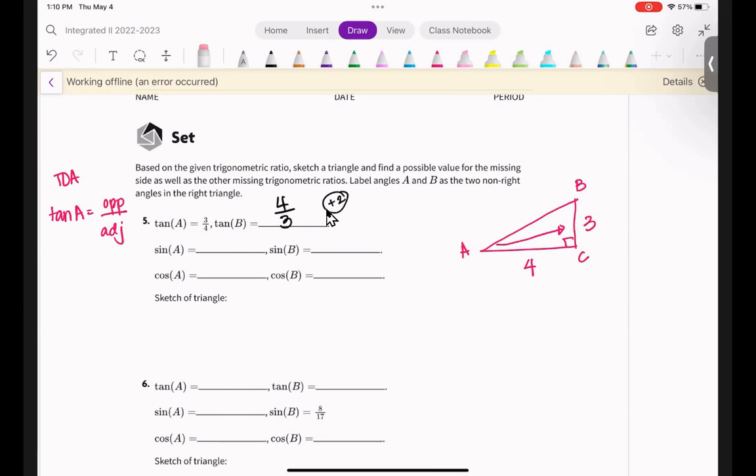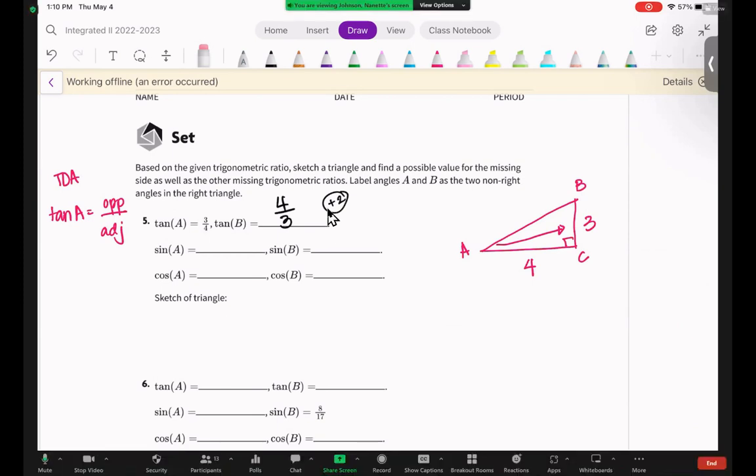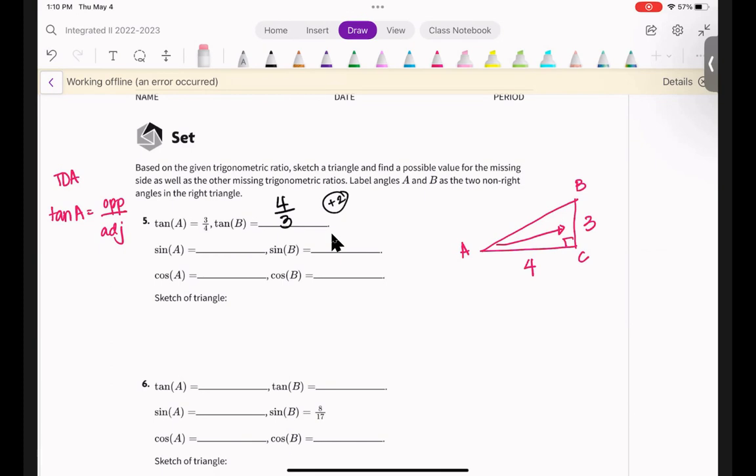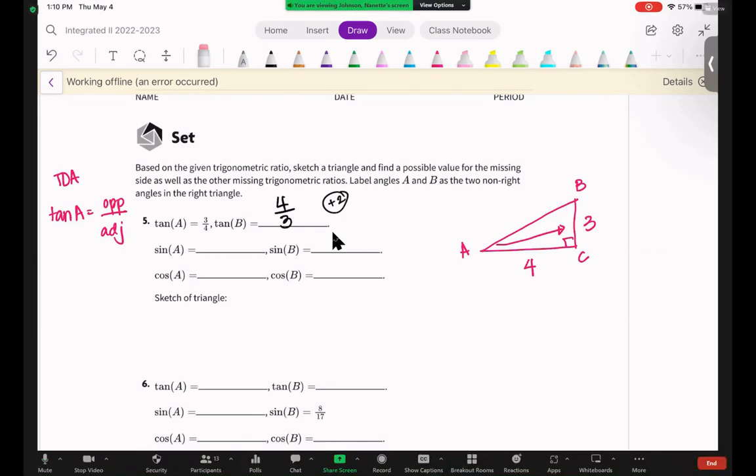There's a bunch of words that you guys can use here. Someone used the word opposite. I know what you mean, but I wouldn't use the word opposite just because in math, opposite means positive and negative, and I don't think that's what you mean. So does this make sense why they would flip?